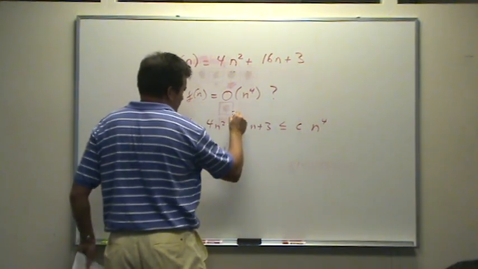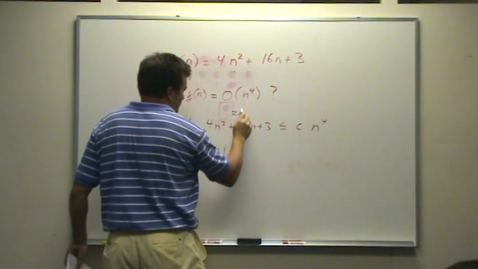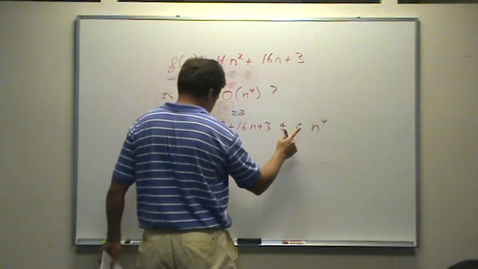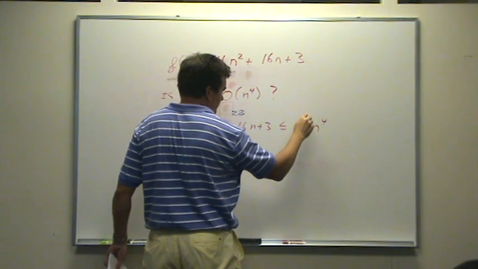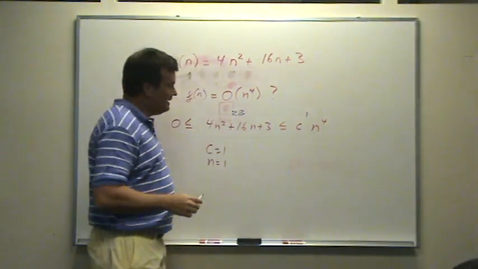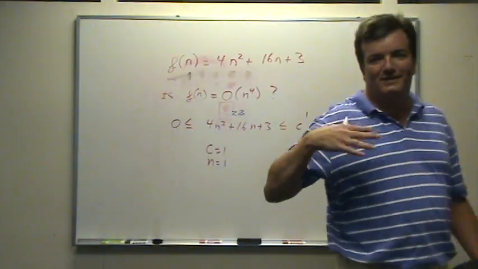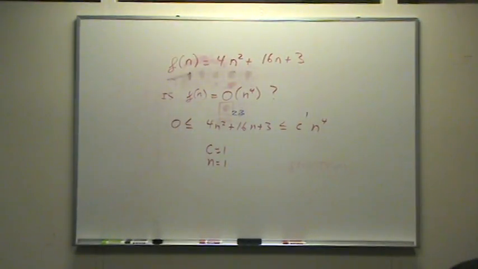When n is 1, 23 is less than a constant of 1 times 1. That's not true. So, is there any value of n where this will then become true and remain true forever?